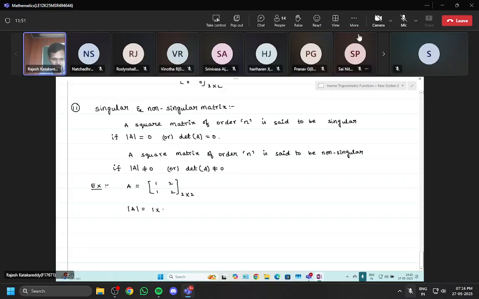This is 1 into 2 minus 1 into 2, which is 0. This implies matrix A is a singular matrix.